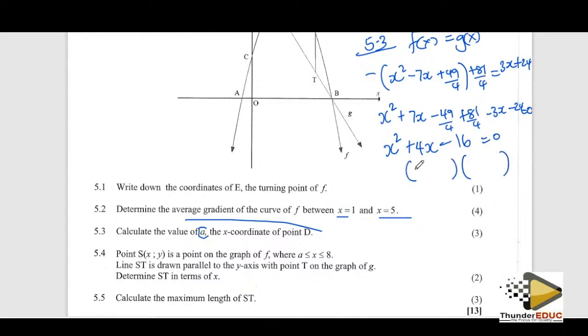If I use my factors, x and x, should I use 8 and 4, 8 and 2? It's gonna make sense if I make this negative. It's going to make sense. We do everything right. Make this a plus.